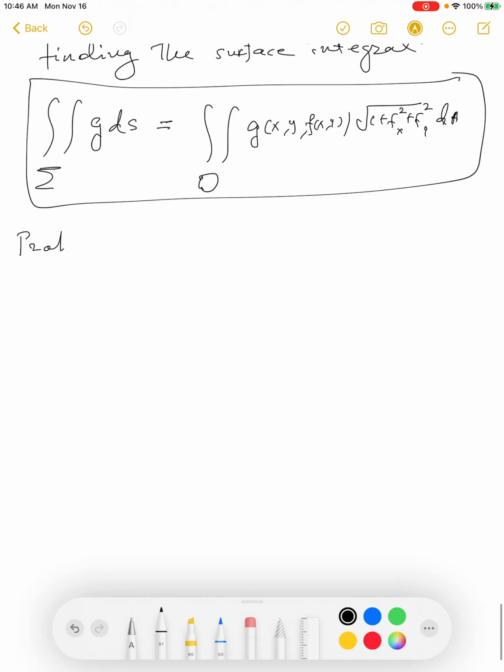So problem number 3. Let's see how to do this.